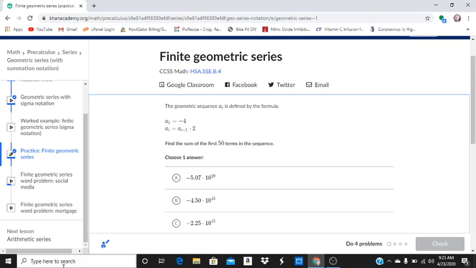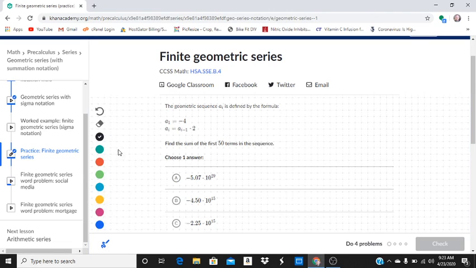To use this geometric series formula, just as a reminder, the sum of n terms equals the first term times 1 minus common ratio r raised to the nth power, divided by 1 minus common ratio r.